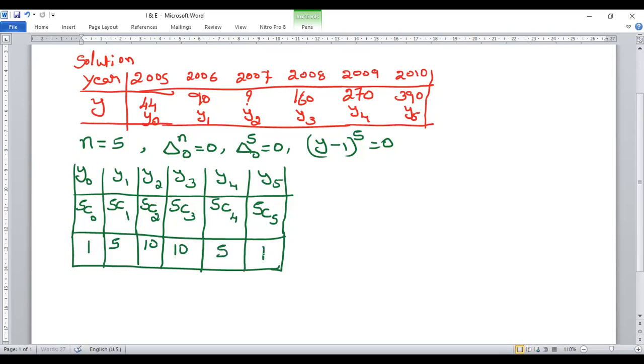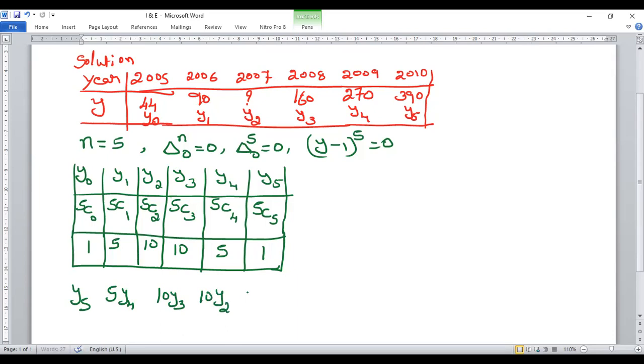For the equation, we multiply these values with the y terms, starting from the last, y5. 1 into y5 is y5. Then 5 into y4 is 5y4. Then 10 into y3 is 10y3. Then 10 into y2 is 10y2.